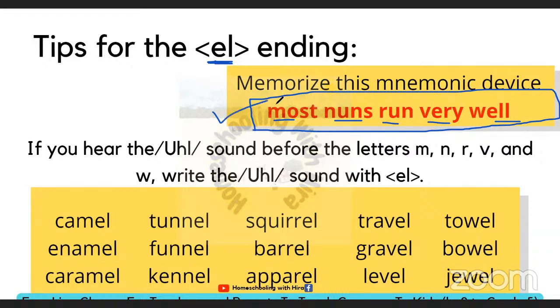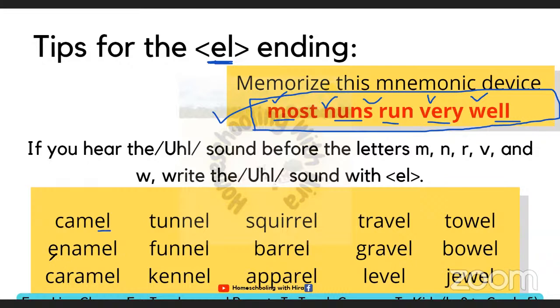And what happens? If you have M, N, R, V, and W, these first letters of this mnemonic device, before the ul sound, you will write EL for the ul sound. Camel, animal, sorry, mispronouncing the word.